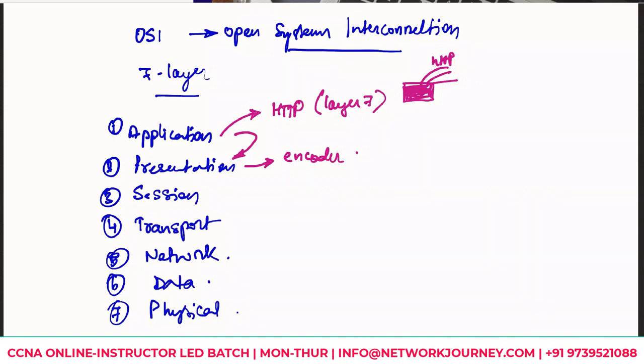On the other side, when it reaches, they get extracted, and the presentation layer should say this was a JPEG, this was an MP4, this was a PNG. So this does the work of presenting, like encoders, decoders, and then it will add its header and send it to session. So sessions are created at this point.